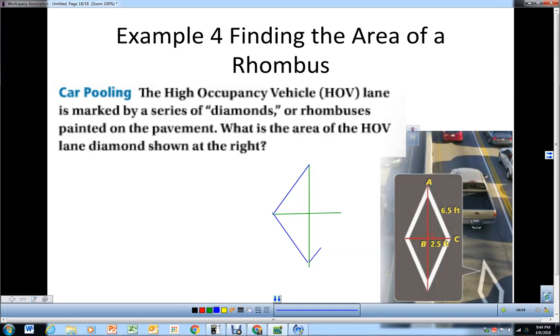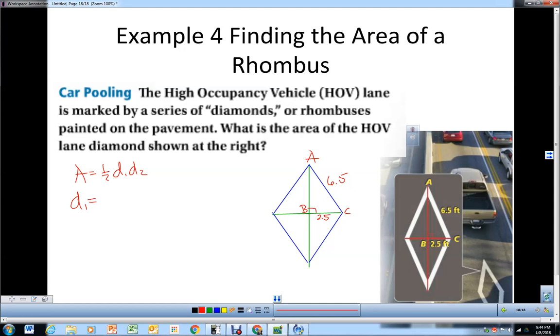And this doesn't look quite like four sides the same, but we're just going to say it is for this one. So this is A, this is C, this is B right here. This distance is 2.5 and this distance is 6.5. So we have area equal to 1/2 diagonal 1 times diagonal 2.